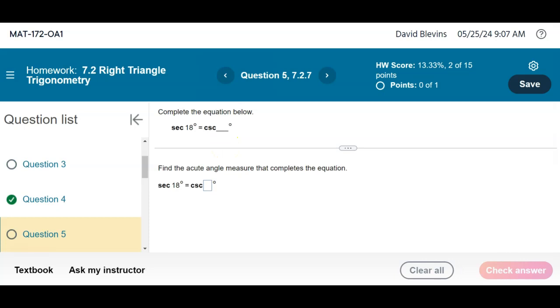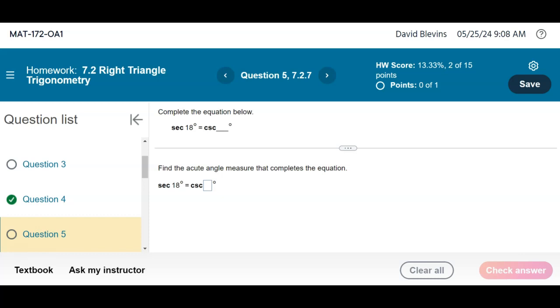So when we are using that property of functions and cofunctions, what we have to look for, when we're doing a problem like this, is that the other angle in the triangle will produce the same output between cofunctions if you switch angles, meaning complementary.